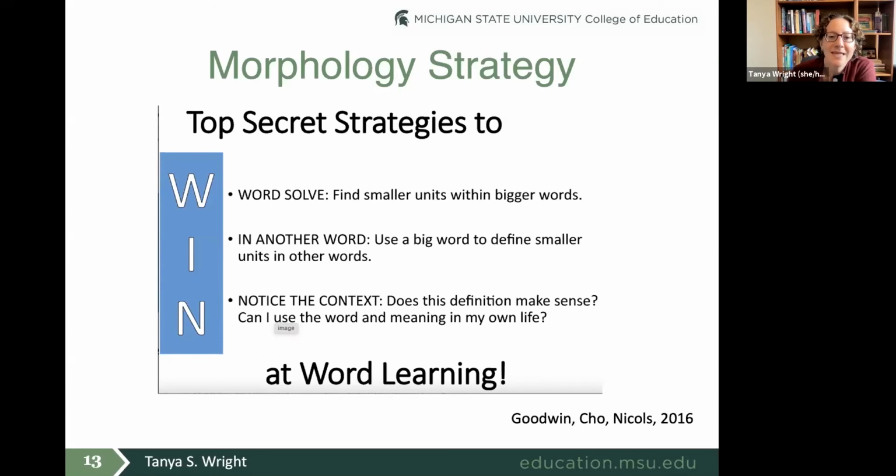What that means is look for other words that have that in it, like pedestrian and pedicure have that same ped in it. Maybe knowing it in other words can help us figure out this new word, pedestal. Okay. And then notice the context. Does what you come up with, that the pedestal is the base or the foot of the statue, make sense in the broader context?